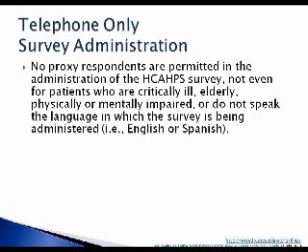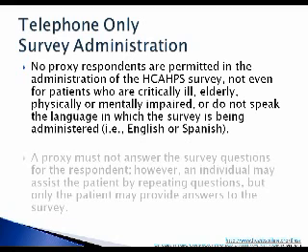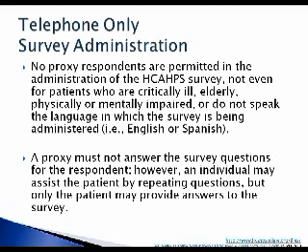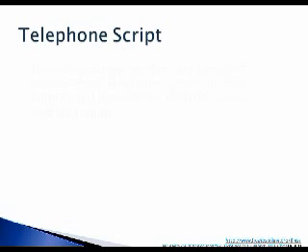But some power of attorneys, especially when you're dealing with the elderly, daughters and sons, try to pretend like they're the patient because, in my experience, they're being nosy, wanting to know why you're calling for this person. So you have to be really careful and listen to pronouns and things of that nature that they're using, a little bit too much information. We've talked about how a proxy must not answer the survey. However, an individual may assist the patient by repeating.